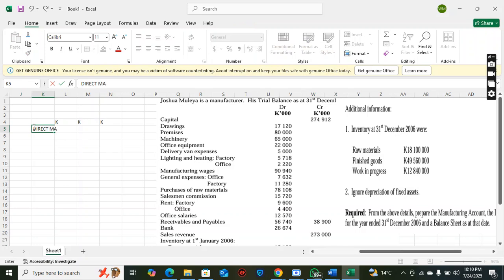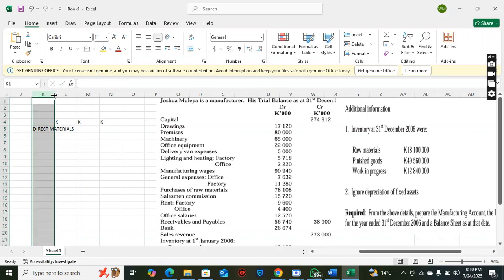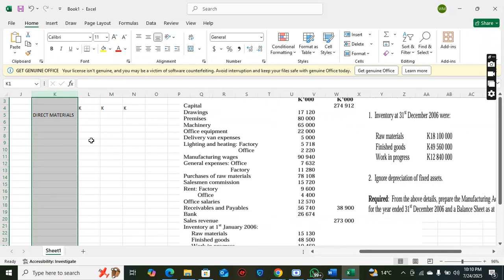Overheads, yes. Colleagues, are we all okay with that? Direct materials, direct labor, and overheads. What are overheads so that everyone is up to date?